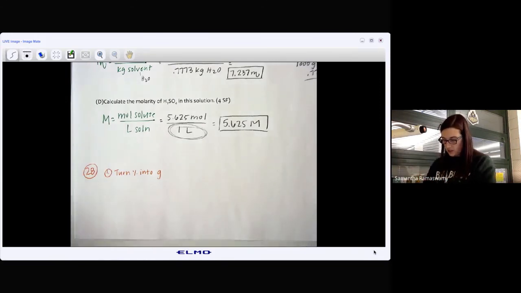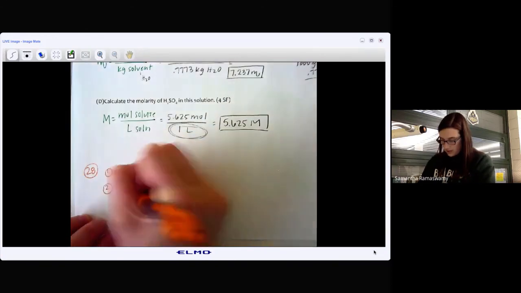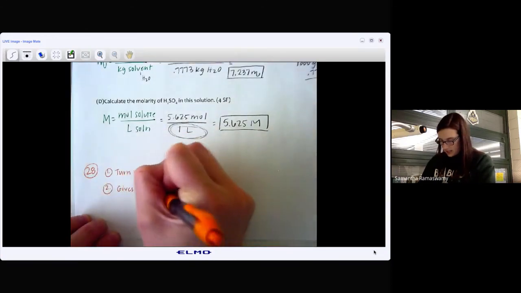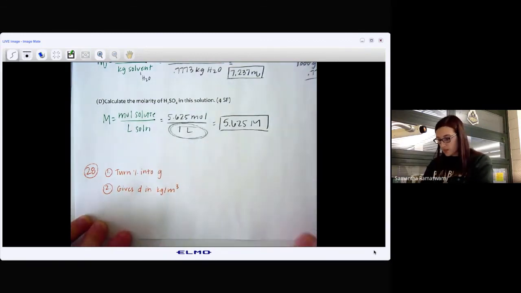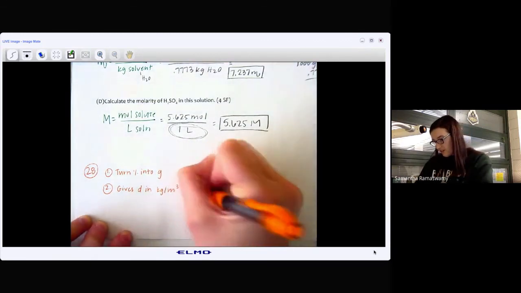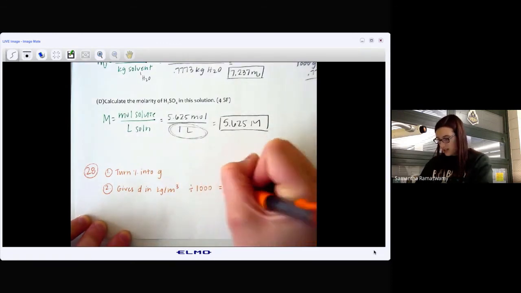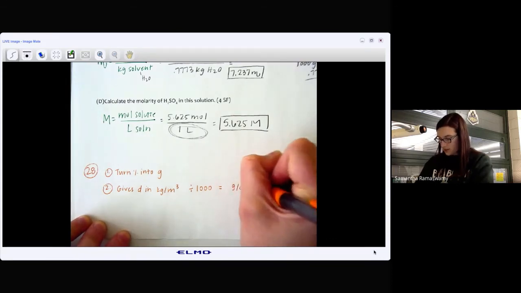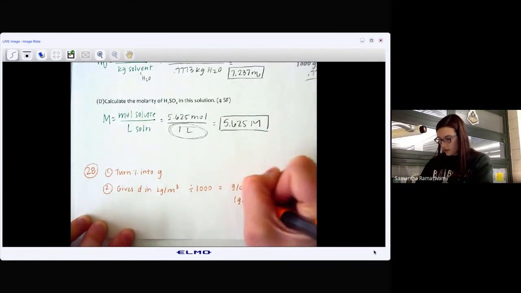And then it gives you the density. So it gives density in kilograms per meter cubed. If you divide that density by 1,000, that gives you density in grams per centimeter cubed, which remember is the same thing as grams per milliliter.